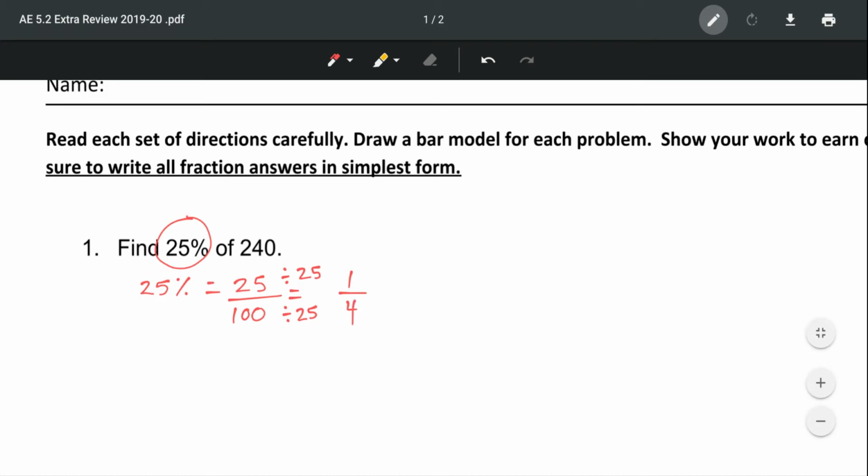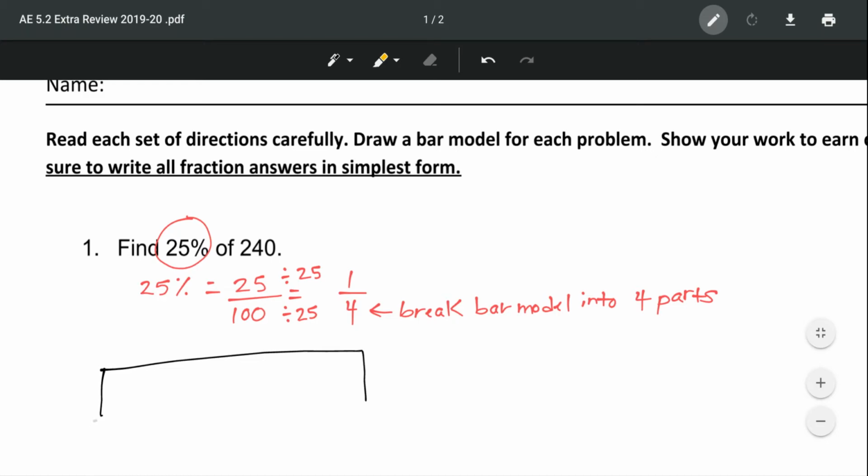The denominator tells you how many parts to break your bar model into. So you're going to break your bar model into 4 equal parts.